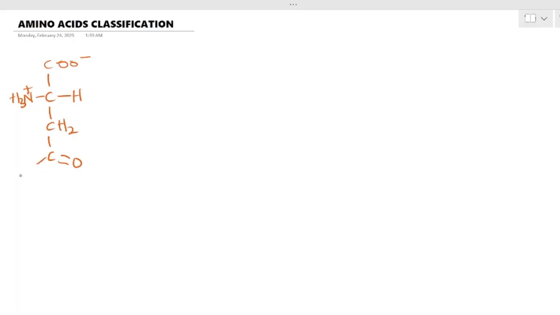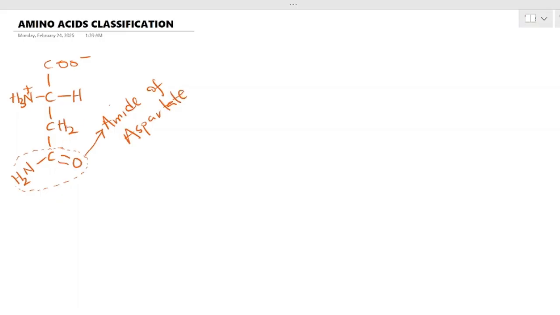But for asparagine, the O minus here is replaced with an amino group, and that gives you what is referred to as the amide of aspartate.